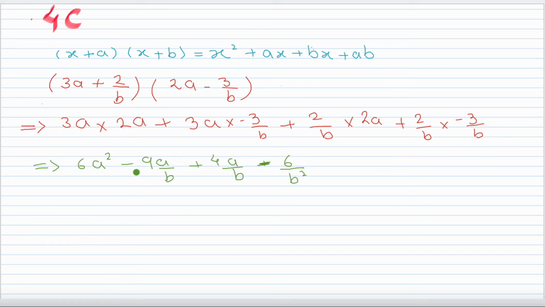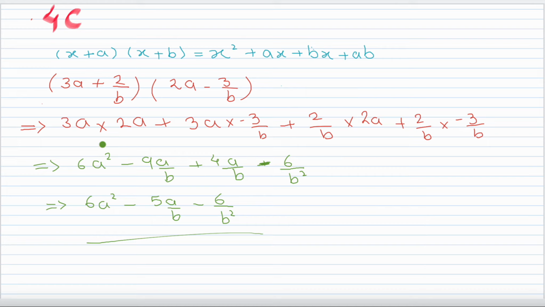Now simplify. Minus 9 plus 4, so you will get 6a square minus 5a upon b minus 6 upon b square. So this is your answer.